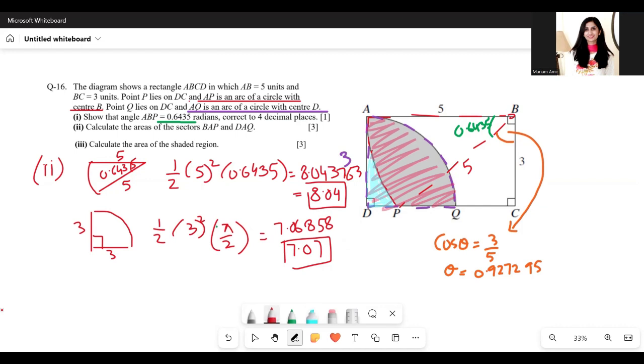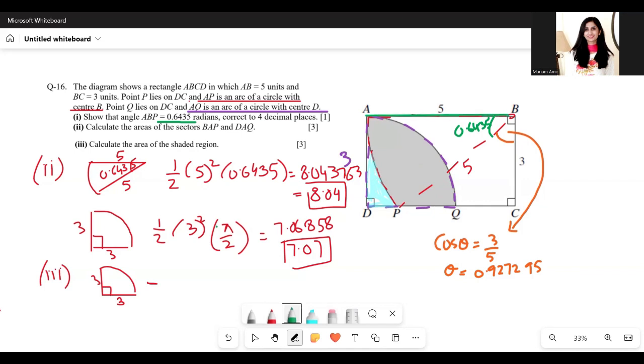Okay, so part 3 would be area of this, which we already have, minus area of the blue part. Now, if you look at the figure again, notice that you can find the area of the blue part by taking the area of this trapezium and then subtracting the area of this sector from it. So trapezium area minus bigger sector area would give us the area of this blue part.